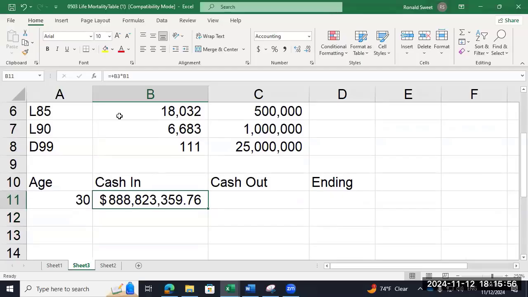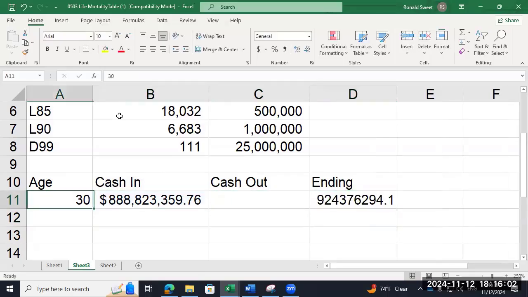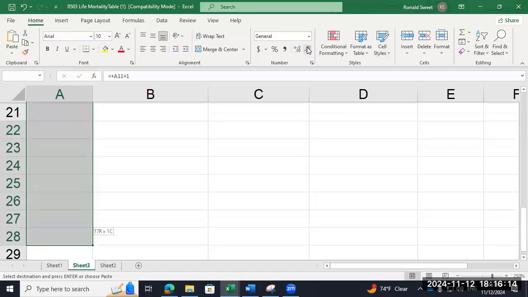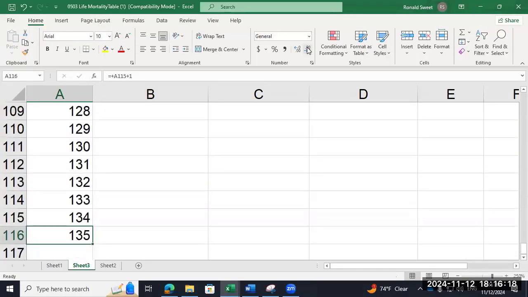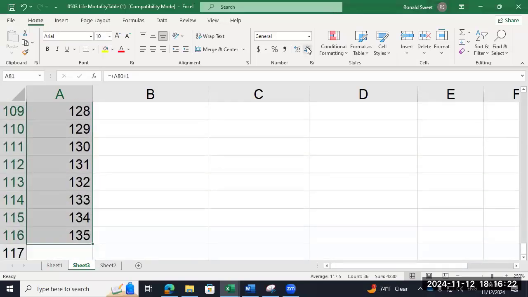At the end of the period, we're going to have that times 1.04 because when do we get this premium? At the beginning of the year. So at the end of the year, we made 4%, so we're up to $924 million, right? Let's add 1 year. We've got to go out to age 100. Too far. He won't make it that far. Go out to year 99.